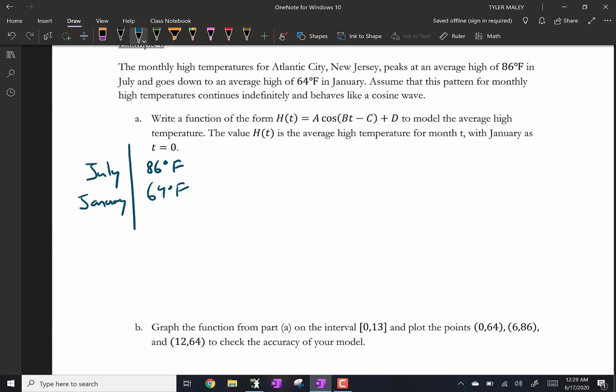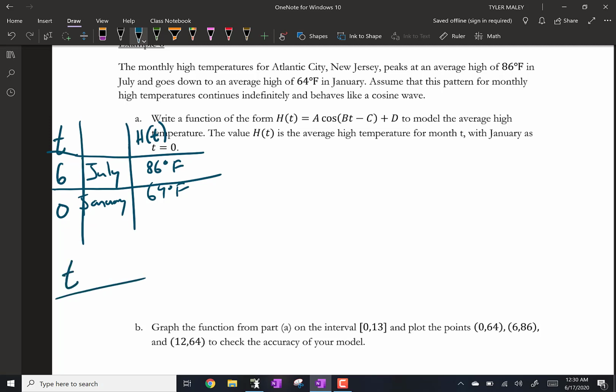Let this be t and this be h of t. The t value for January we let be 0, so for July that would be 6. So we have the points (0, 64) and (6, 86).